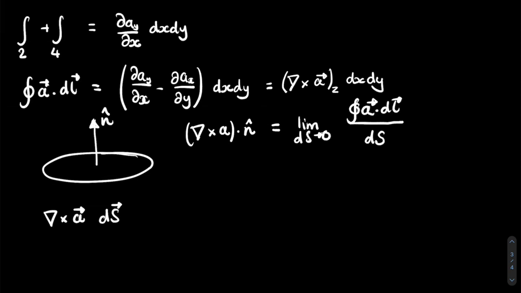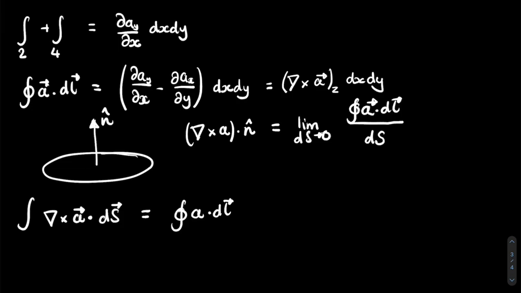So the direction in which dS is pointing is always normal to where the surface is. So that is curl of A dot dS is equal to the closed loop integral of A dot dl, and that's going to be the limit as dS tends to 0. But to get rid of this limit term right here, all we have to do is integrate the left hand side, and then we don't have to take the limit anymore, and so we end up with both integrals.